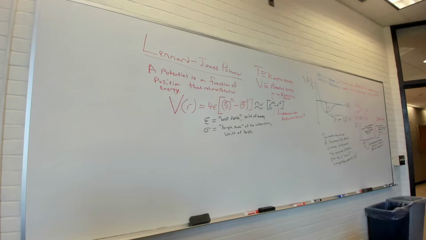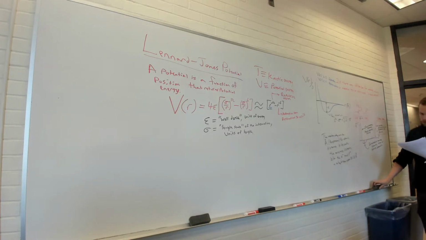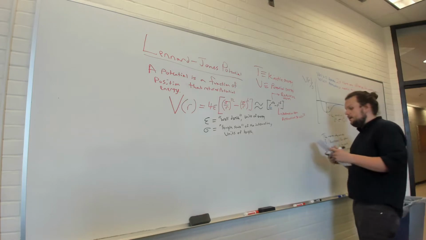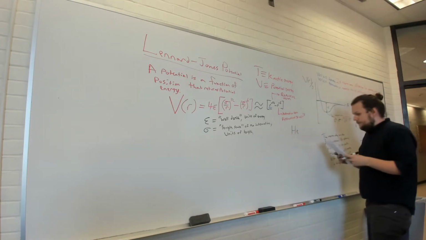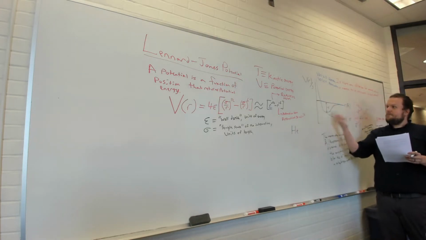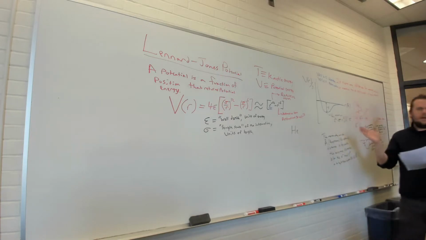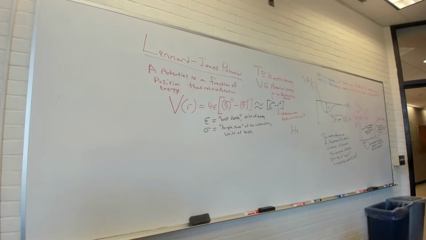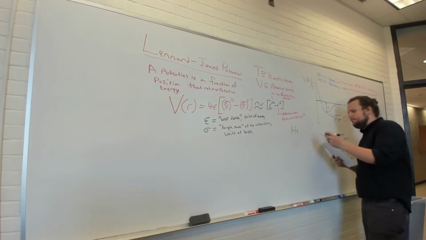And just as some examples, hopefully I have them here. Yeah, I do. I'll just give you some examples of what these numbers look like for different species. So for instance, helium. I'm going to give the epsilons in Kelvin, which is a little confusing, but temperature and energy are interconvertible by using Boltzmann's constant or the gas constant, so it's proportional to energy.